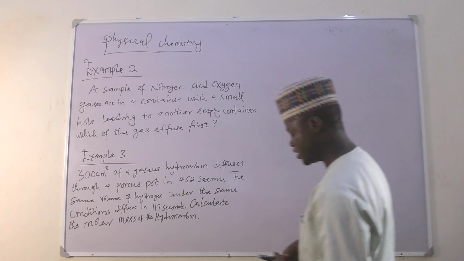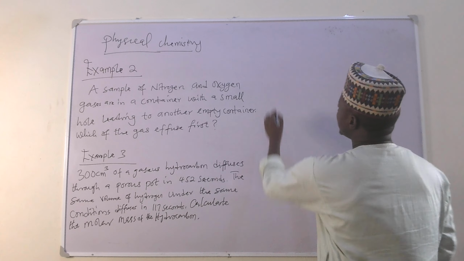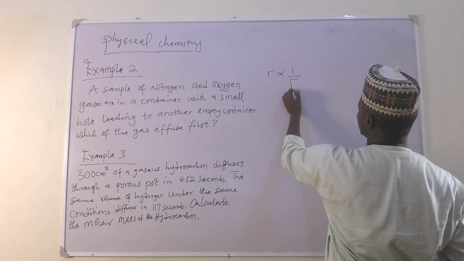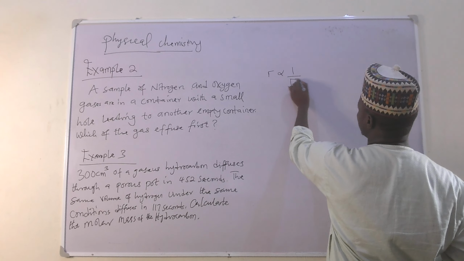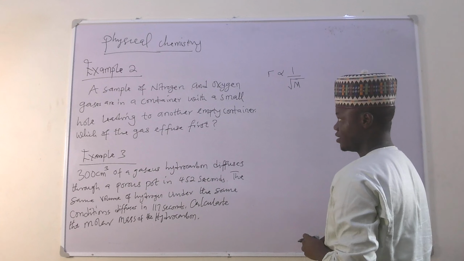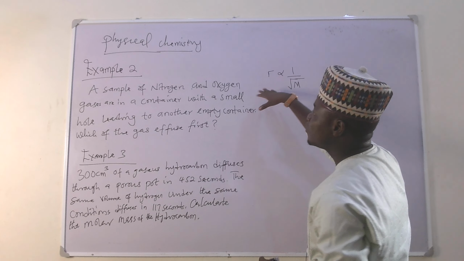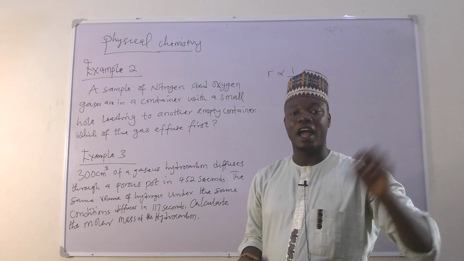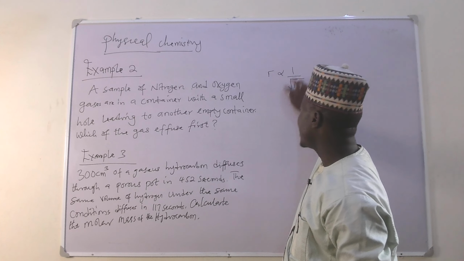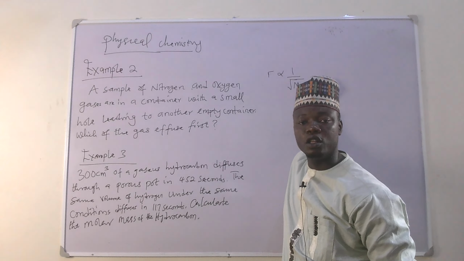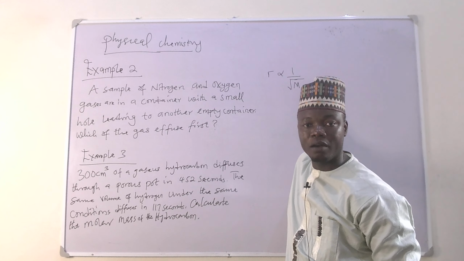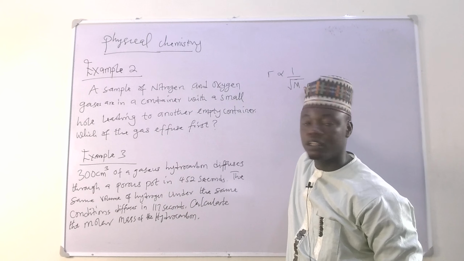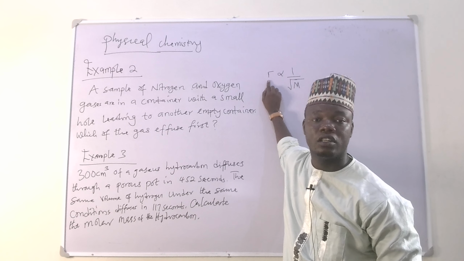So I think, ladies and gentlemen, if you remember, the rate of diffusion is inversely proportional to the square root of the molecular mass of the gas. So what does that mean? It means that the higher the molecular mass, the lower the rate of diffusion.